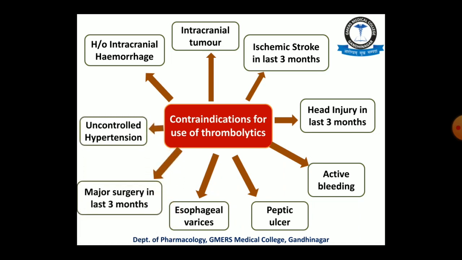And lastly, uncontrolled hypertension, because the chances of subarachnoid hemorrhage will be there, and that's why thrombolytics are contraindicated. Pregnancy is also a contraindication for the use of thrombolytics. So these are all the limitations for the use of thrombolytics. But at the same time, if the facility for percutaneous coronary intervention with stent placement is not available, we do not have any other alternative, and this will make a difference.